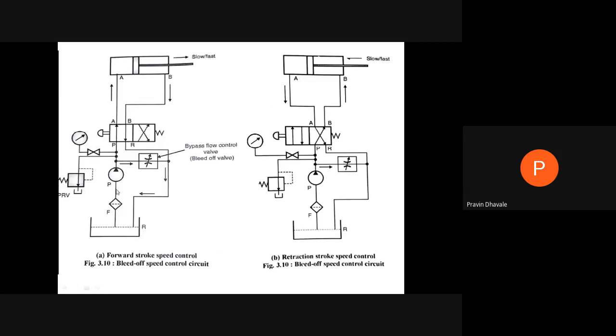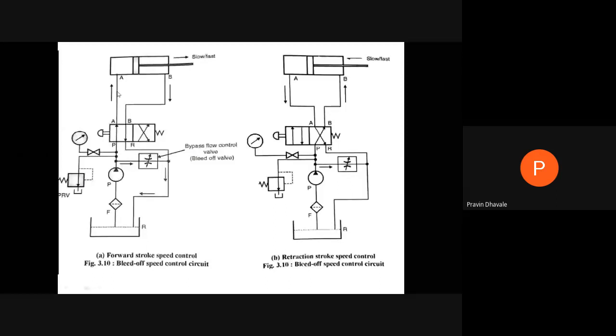So only 50 liter per minute is supplied to the A port, and because of that the piston moves with a speed of 5 meter per second.